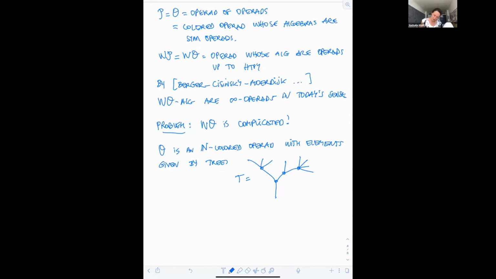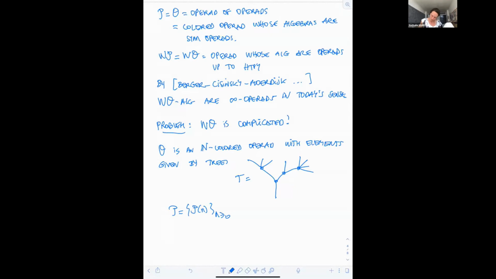what does it mean that it acts on an operad? If P is an operad, P is a bunch of operations, and I have to give you maps like this.